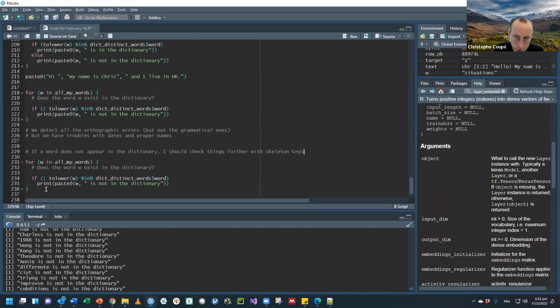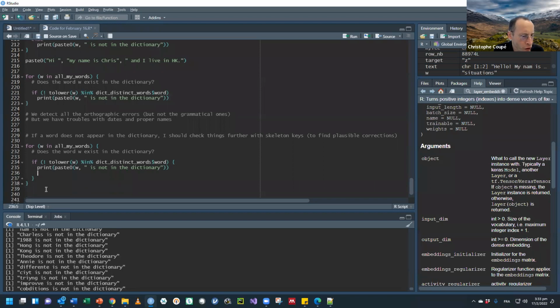Yes. Find plausible corrections. So I'm going to write some more stuff. If the word is not in the dictionary, maybe we print some information about that.